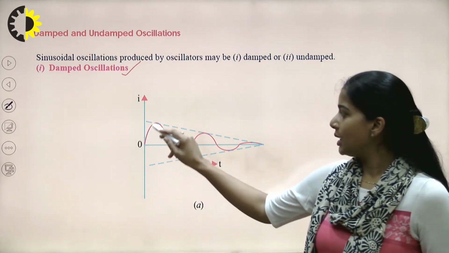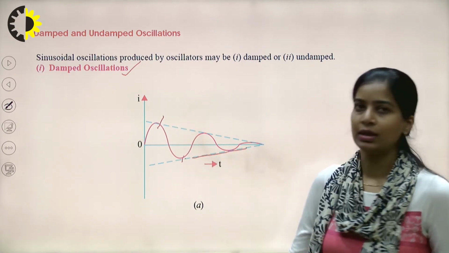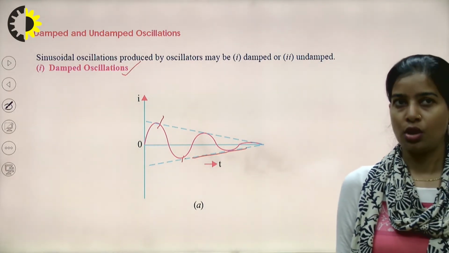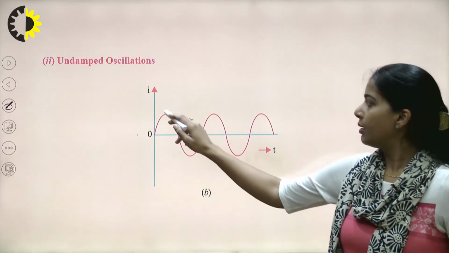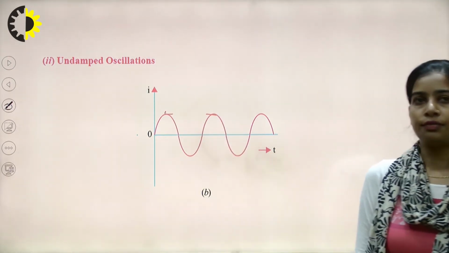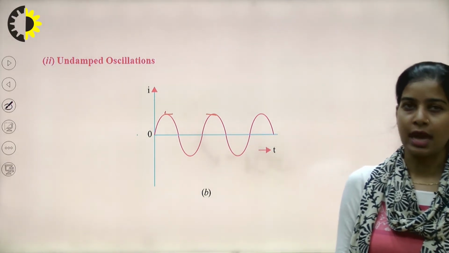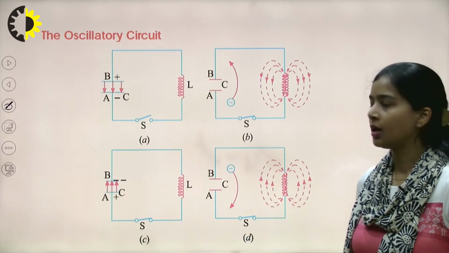Here we can see the amplitude is initially more and it reduces with time. In an undamped oscillation, the magnitude of the signal does not decay with time. It has a constant magnitude.